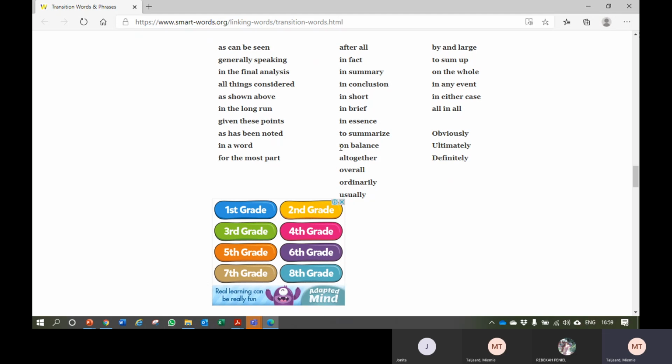For instance, on balance, remember I spoke about that in a discussion, you have more than one aspect to discuss. Ultimately and definitely have similarities, but they are also slightly different.